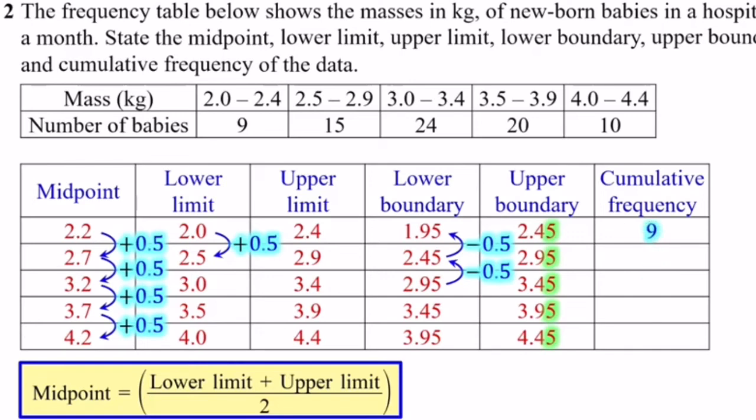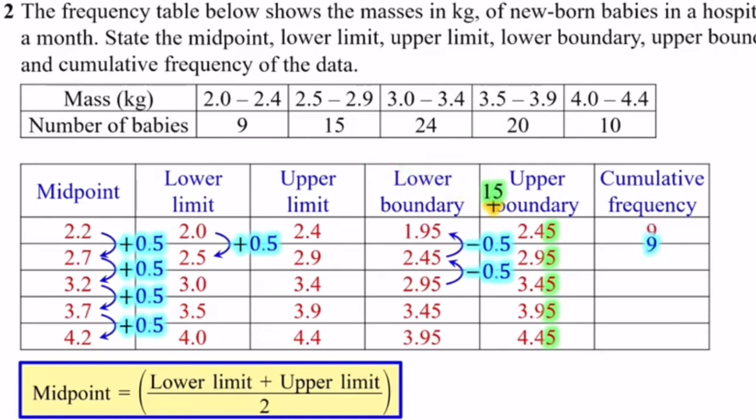The previous class frequency plus the existing class frequency 15. 15 plus 9, so you will get 24 for the second class.